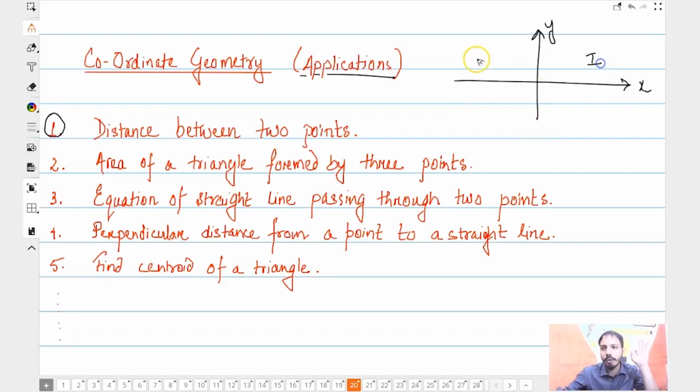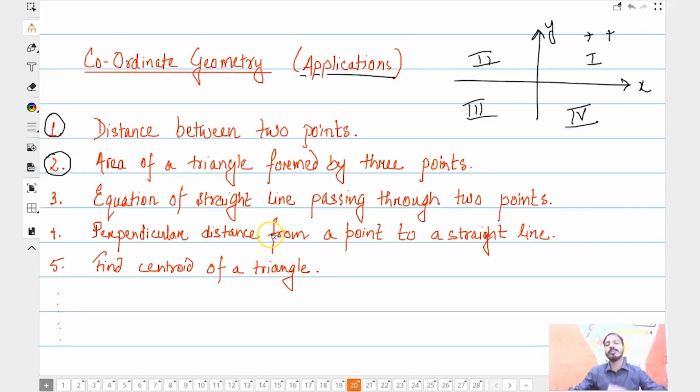So I can divide it into 4 quadrants, 1, 2, 3, 4. Now x is positive here, y is positive here, and so on. These are the basic informations. I'm not covering these basic informations here. I'm directly going to the applications, hoping that you know these basic things. Anyways, if you don't know, we will be discussing the basics in the course. So anyways, let us go to the applications so that you have some benefit here.